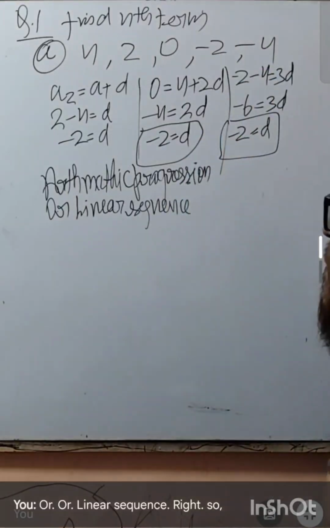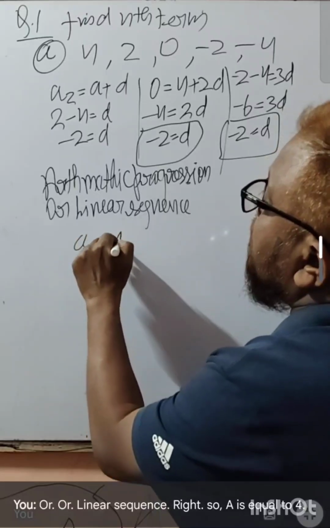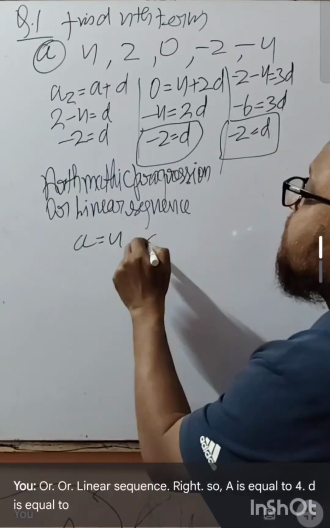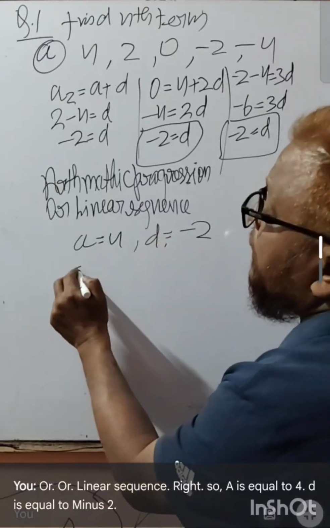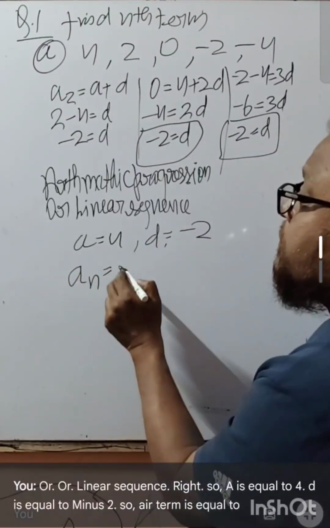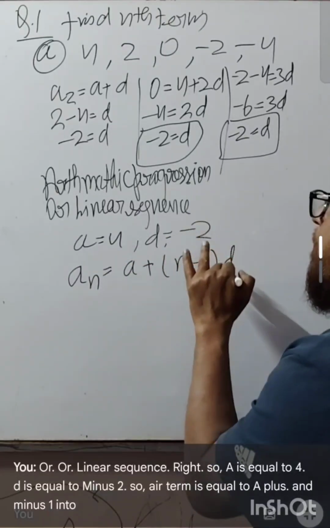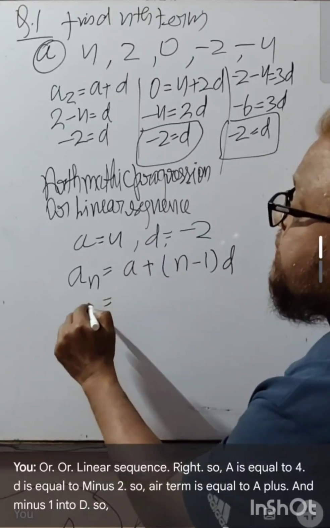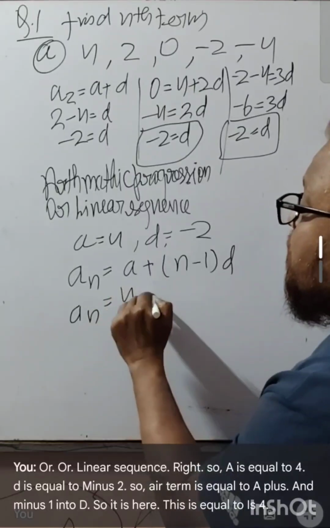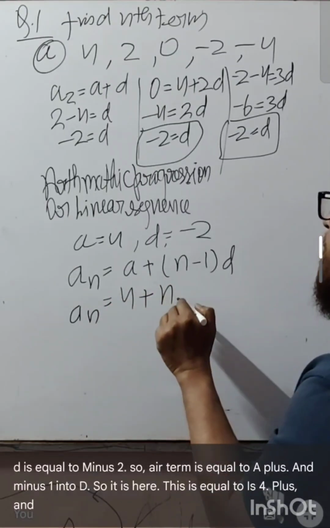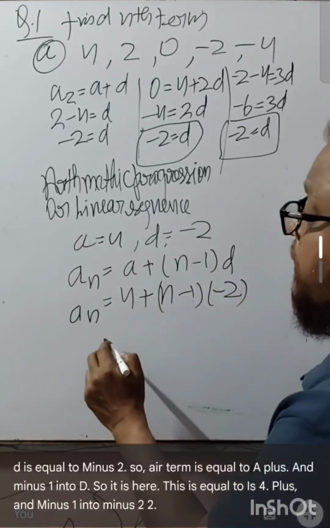So A is equal to 4, D is equal to minus 2. So nth term is equal to A plus n minus 1 into D. So nth term is equal to A is 4 plus n minus 1 into minus 2, right?